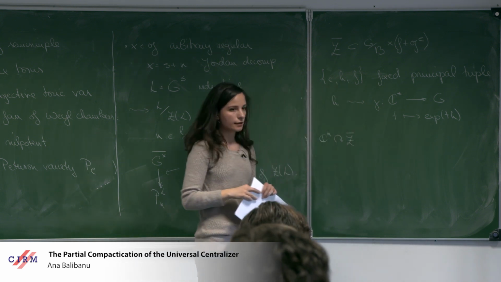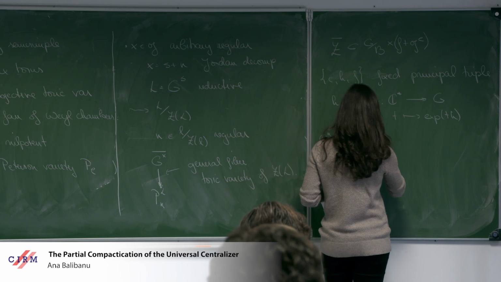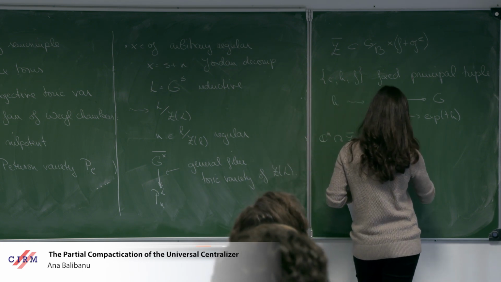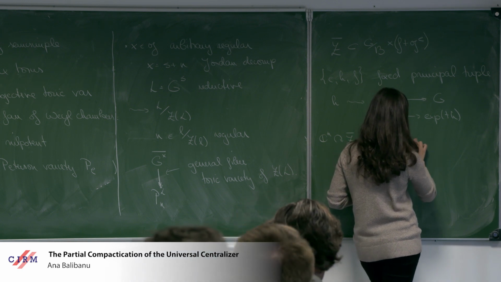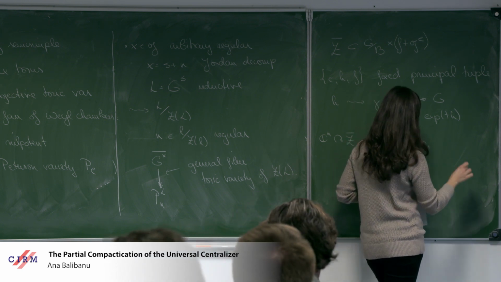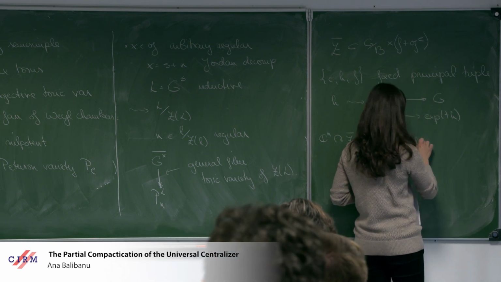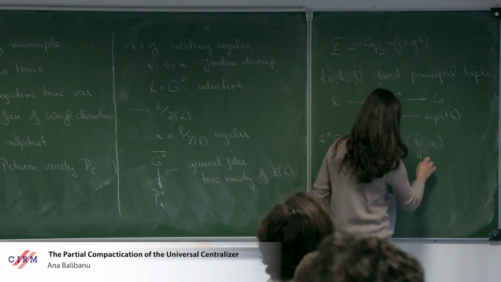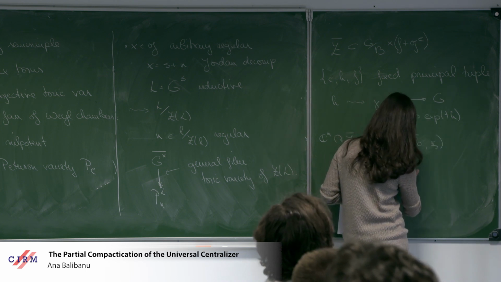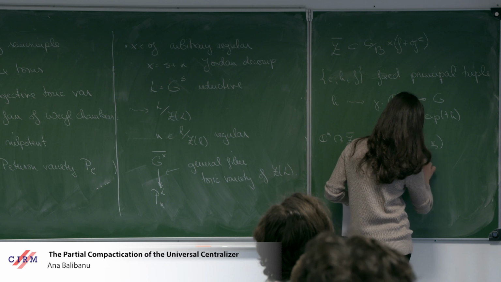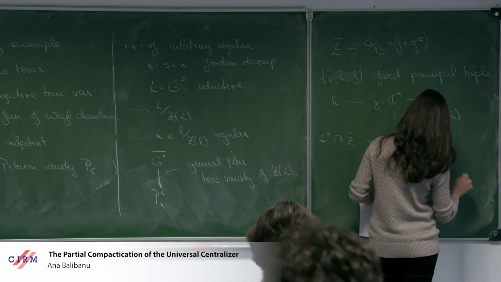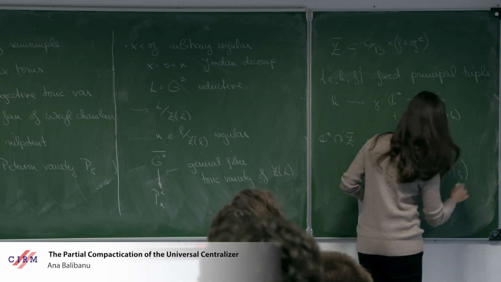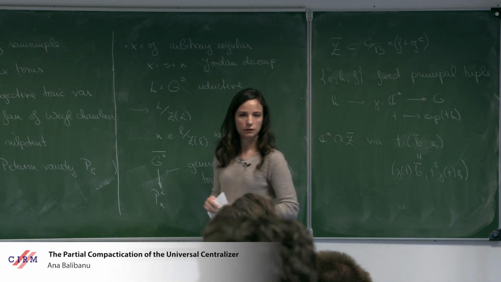And now I can define a C star action on Z bar that has t acting on an element (Borel B bar, c) by the usual action in the first coordinate and by a scaled action by t star in the second coordinate.